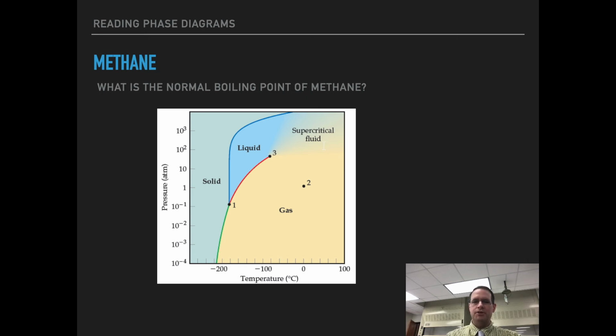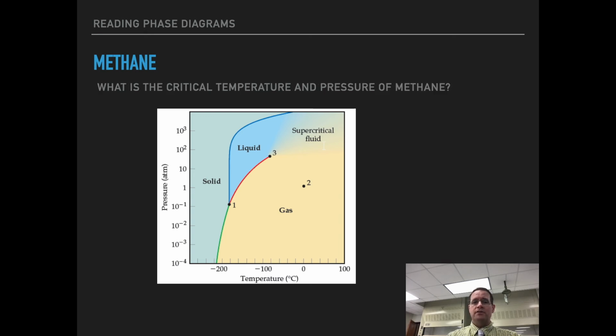It's a negative temperature. All right, below what pressure will methane sublime? You look for the triple point, which is labeled number 1, and find its pressure. It looks like 10 to the minus 1 atmospheres. Any pressure below that will allow sublimation, to go directly from solid to gas or gas to solid. So the answer is below 10 to the minus 1 atmospheres.